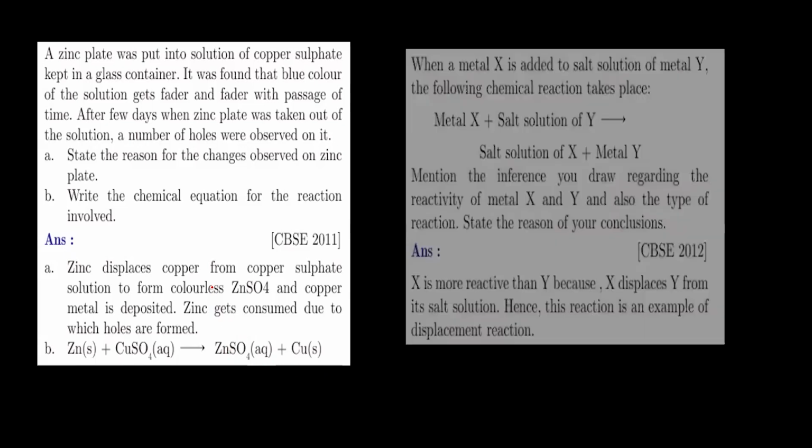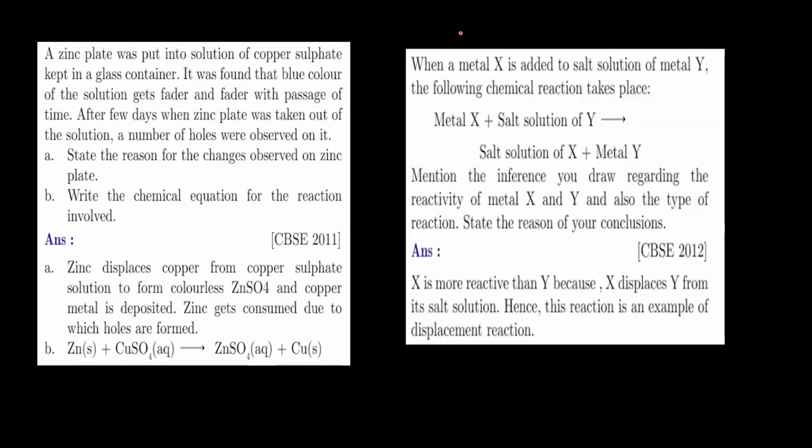Zinc is more reactive, so zinc displaced copper from copper sulfate solution, and you will be getting zinc sulfate and copper. That is, zinc gets consumed, due to which holes are formed in the zinc plate. Zinc displaces copper from copper sulfate solution, so the copper sulfate blue color faded, and also zinc gets consumed. That is why we can see the holes on the plate.